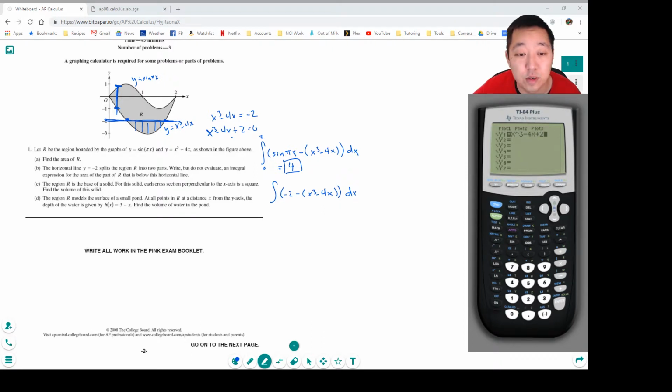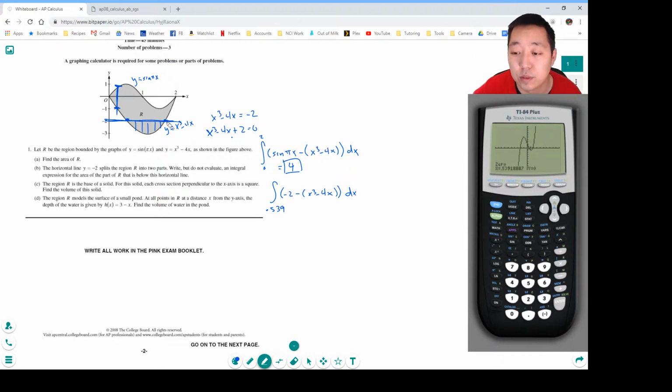So I'm going to plot this function here, and I'm going to find these zeros. Calculate a zero. Left bound, right bound. I don't really care what the guess is. So 0.539 is this zero right here.